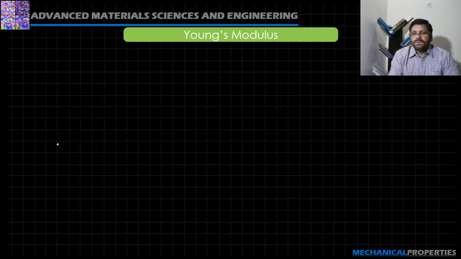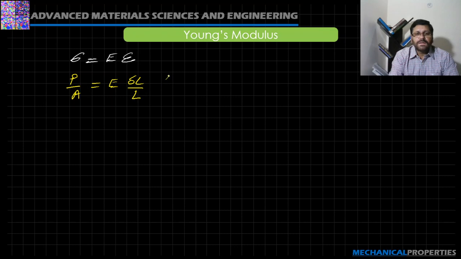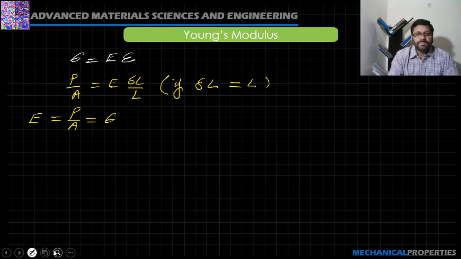Further, we say for the Young's modulus that sigma is equal to E epsilon, and if we write this as P over A is equal to E del L over L, and if we assume del L is equal to L, this will cancel out and we will have the value of E is equal to P over A, which is equal to the stress, which indicates that whatsoever is the length of that very specimen, if we apply the stress of that value of modulus of elasticity, there will be double the length of that very specimen.